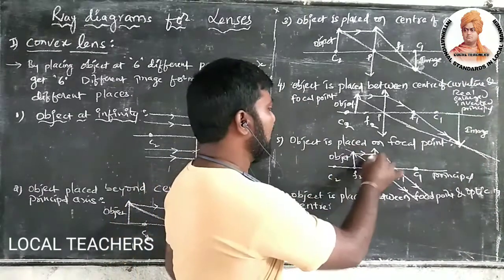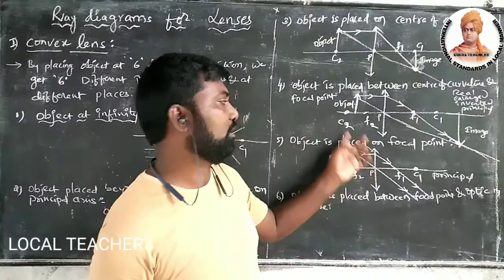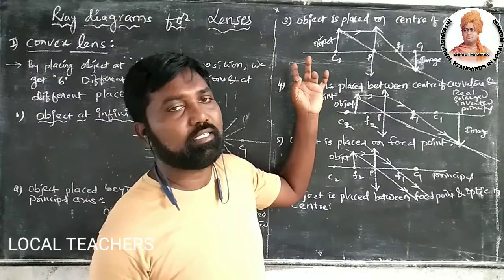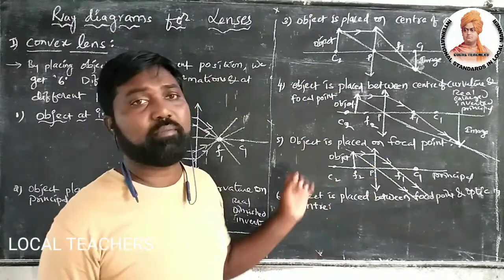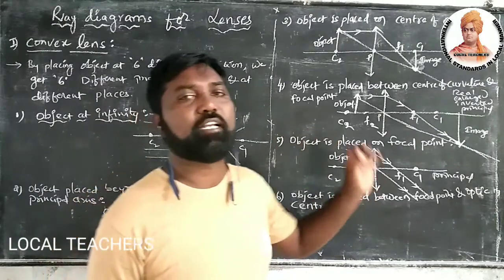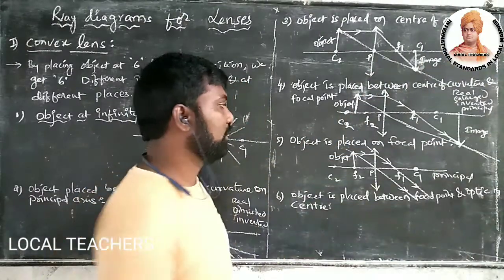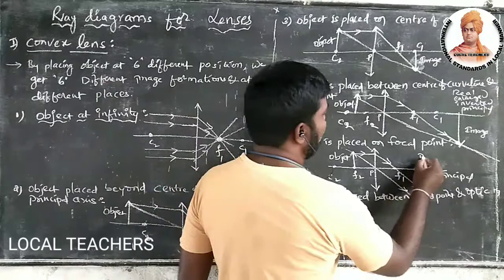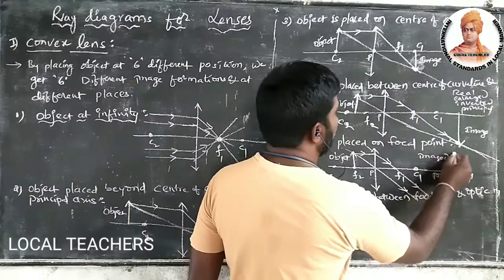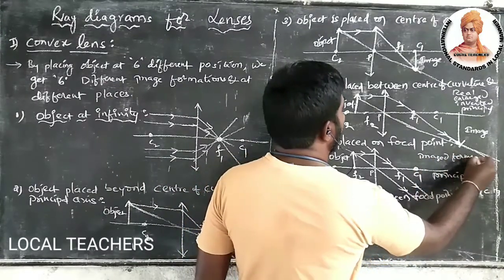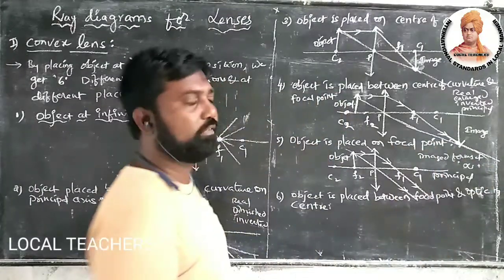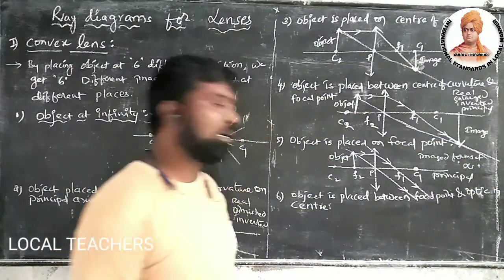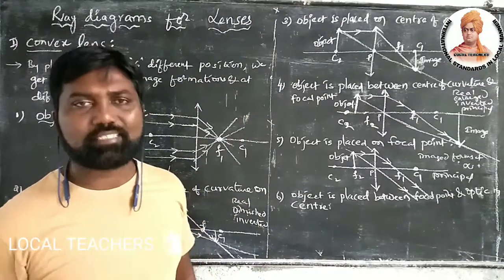Even if we extend them back, they go on like this only. So this represents that the image is formed at infinity.